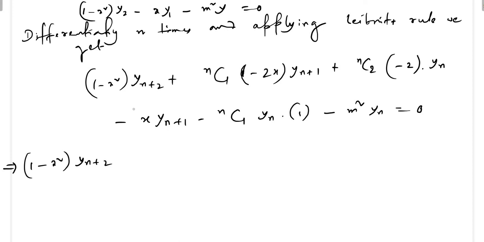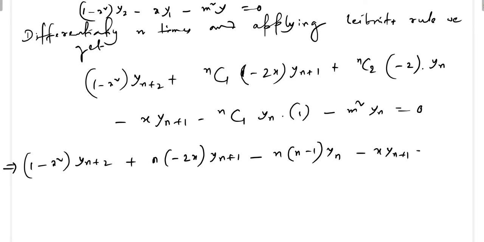So I'm writing directly that it is plus n into 2x into yn plus 1 minus n into n minus 1 into yn minus x yn plus 1 minus n yn minus m square yn equal to 0. I think if you simplify this term, you will get the answer.